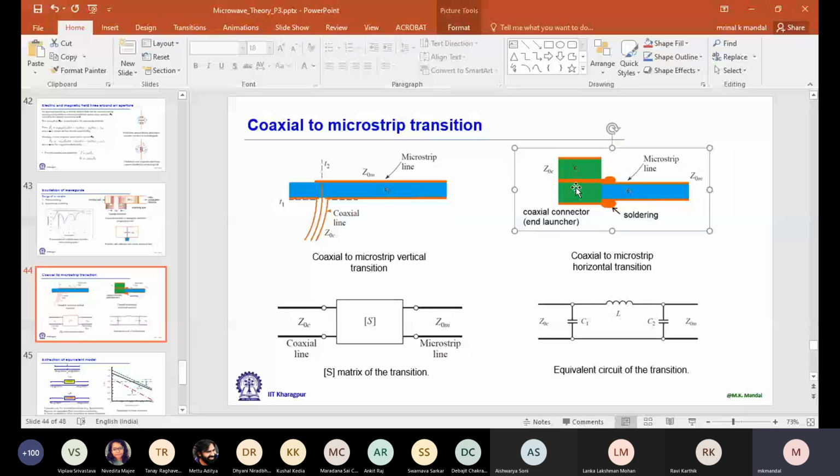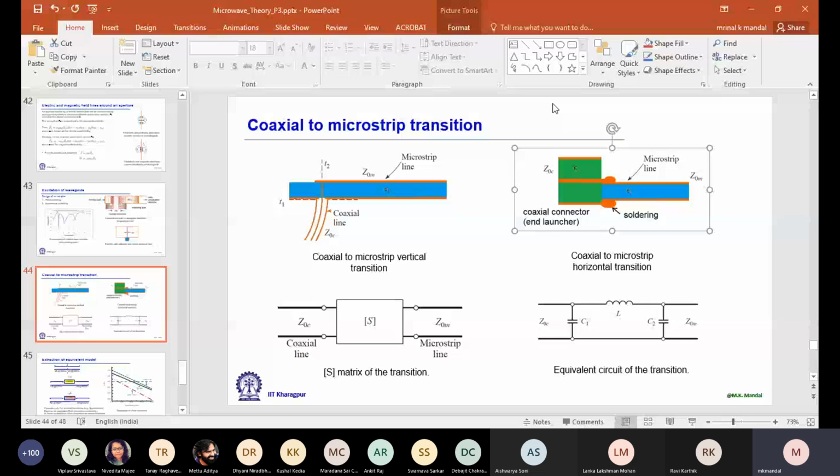First of all, if you look at the field matching part, if you look at the electric field configuration, inside coaxial cable we have inner conductor to outer conductor field direction, right? Inner conductor to outer conductor in this direction. It can be from below to top direction or just the opposite. Okay. Now inside the microstrip line, we have field direction in the same direction.